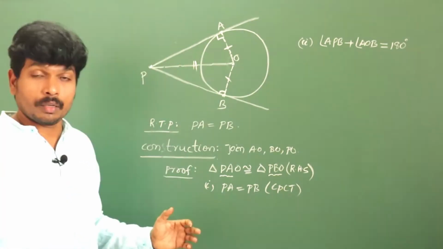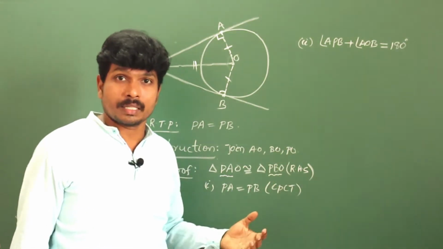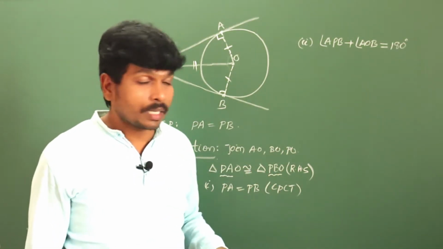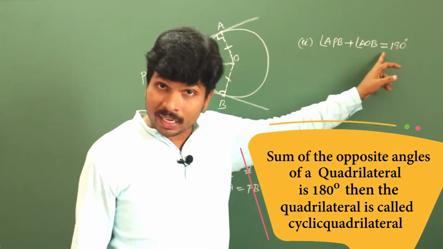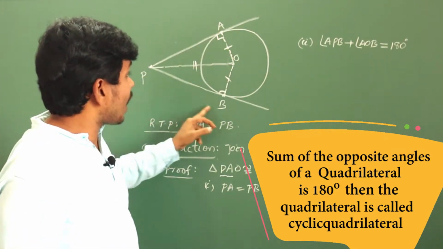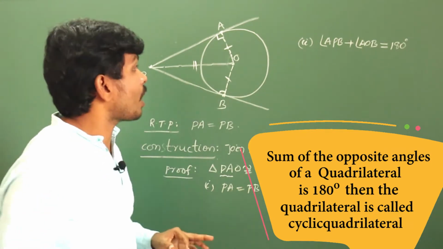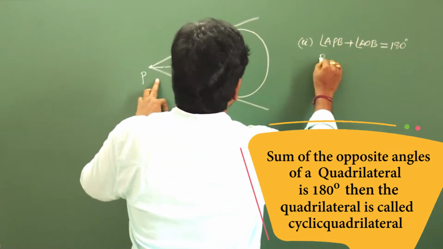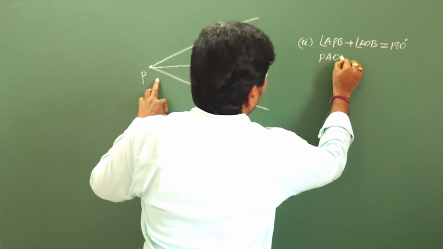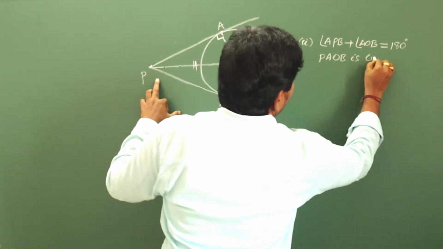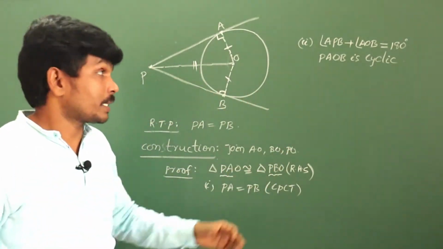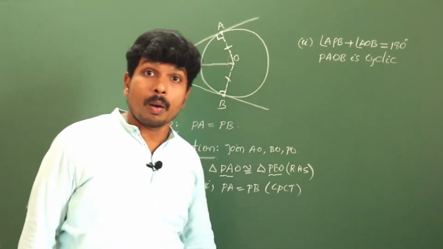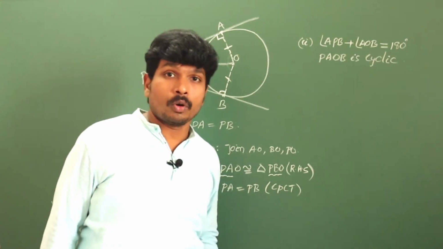In fact, we discussed in a previous class, in lower classes: if the sum of the opposite angles of a quadrilateral is 180 degrees, then that quadrilateral is called a cyclic quadrilateral. So here PAOB is a cyclic quadrilateral. It is an excellent property that is useful for competitive exams many more times.